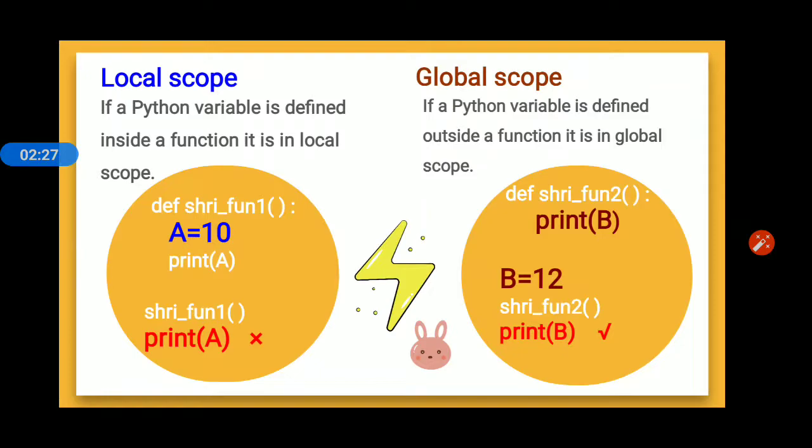So if we want to print the value of variable b through the function, the statement will work, as well as from the outside, this last statement print b will also work.